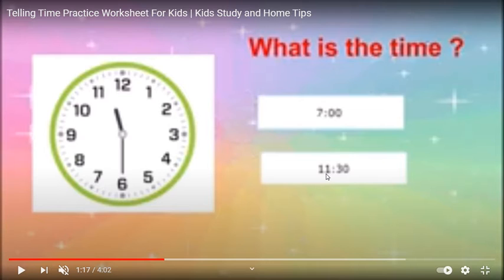One, check where the hour hand is. Second, you put the 2 dots. Why are you putting 2 dots? Because here we are writing the 2 dots for the time. And the third method is where the minute hand is.